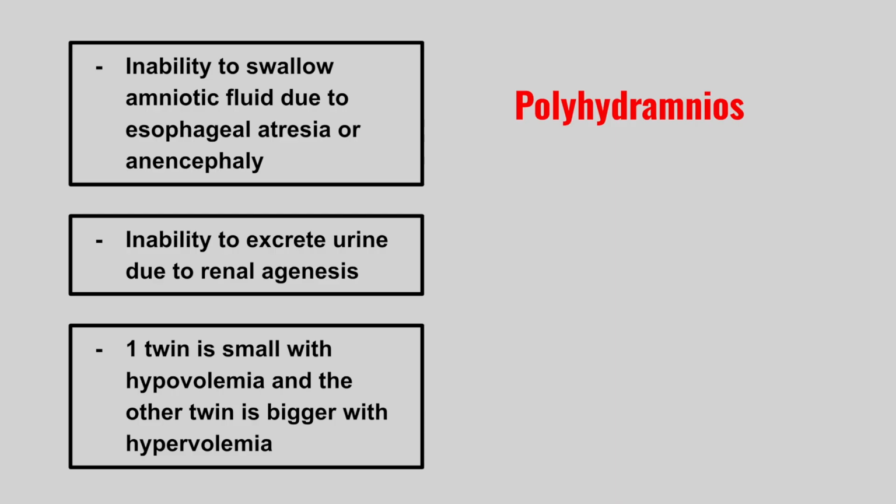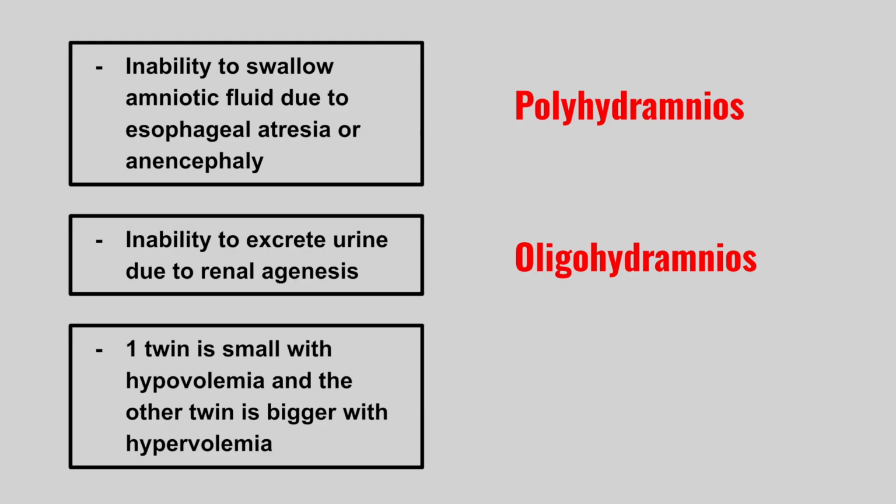So this is polyhydramnios. Next, we have an inability to excrete urine due to renal agenesis. So this is oligohydramnios.